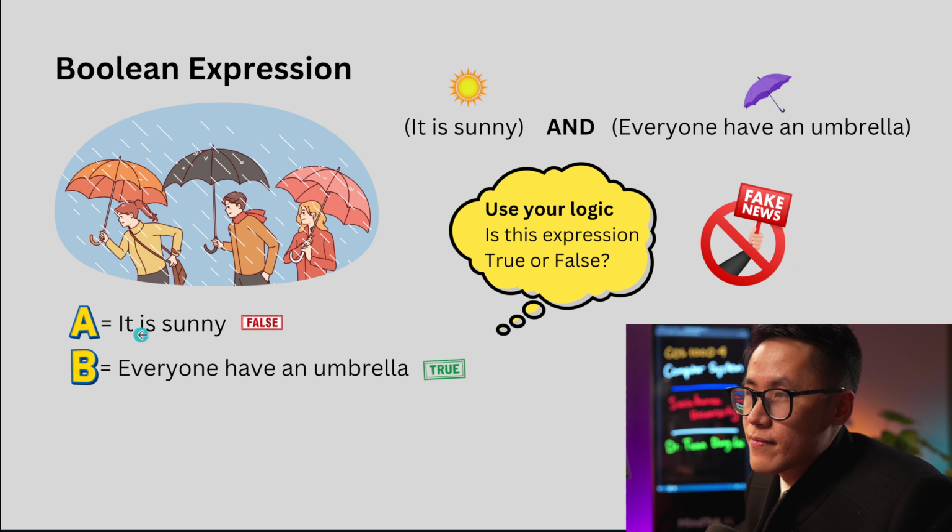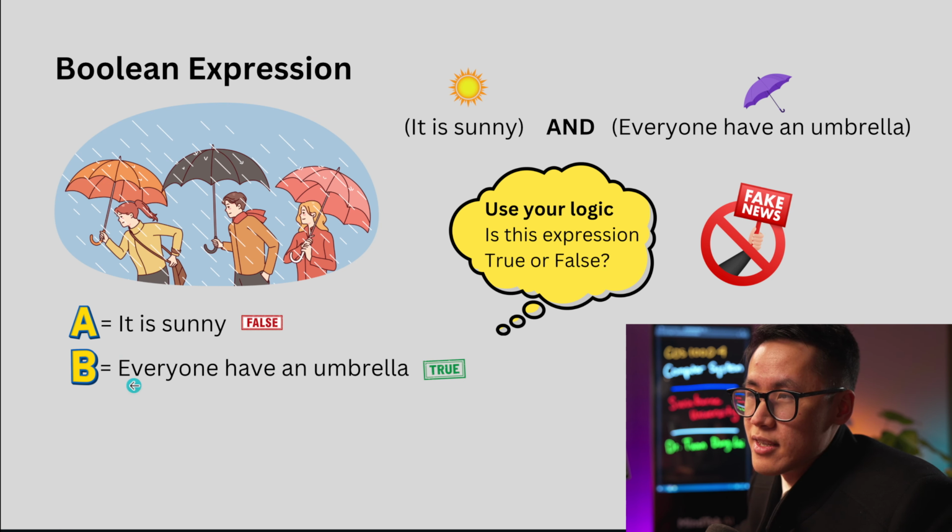Let's say I have it is sunny. It is sunny is a statement, and I assign that to a variable called a. This statement is obviously false because you can see it is raining and it is not sunny. And everyone have an umbrella. I will assign the value of this expression to the variable b, to the letter b.